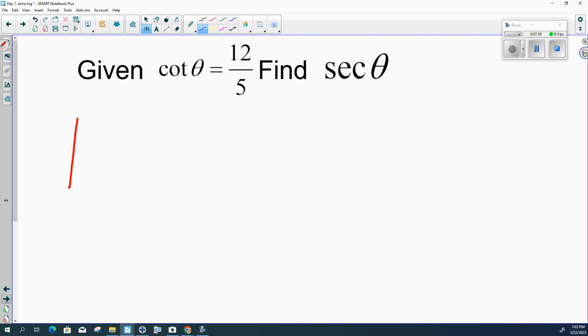I always do mine like this, and I always label theta as the top left. I was working with Mr. Hogan. He always makes the bottom right one theta, so I don't know why. So I'm going to look over here. Cotangent is adjacent over opposite.